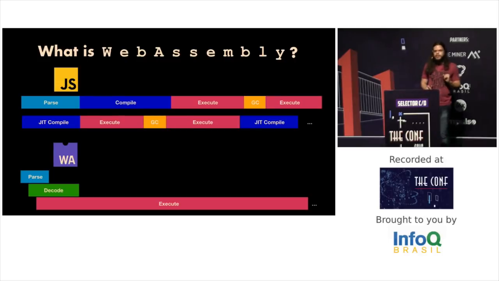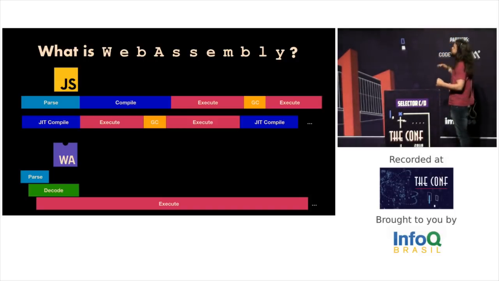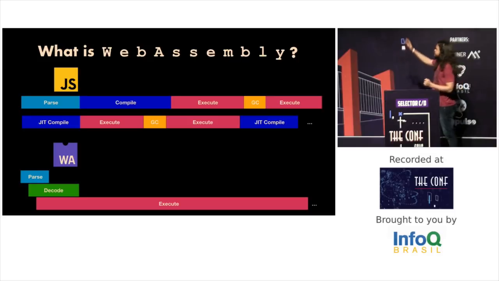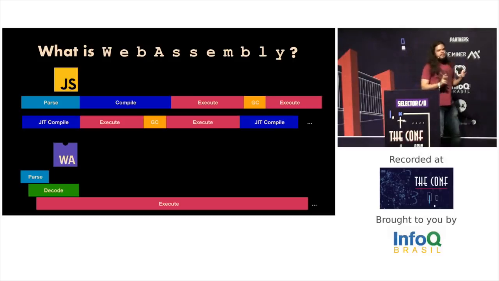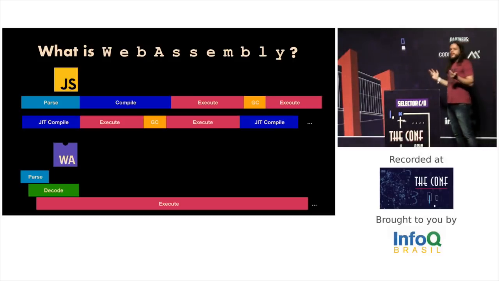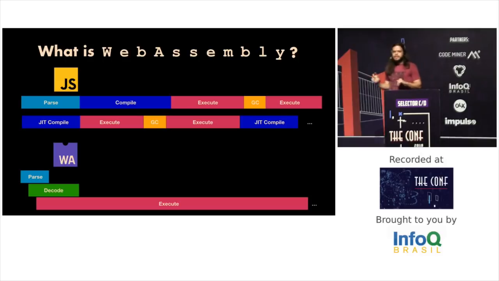So comparing the WebAssembly execution with JavaScript, with JavaScript, you need to do the parsing up front, you need to do the compiling up front, and then you get the GC and JIT pauses. With WebAssembly, you can start parsing. While you're parsing, you do decoding, because you don't compile WebAssembly, you decode. WebAssembly is designed in such a way that every WebAssembly instruction should be like 1 to 3 actual machine instructions.